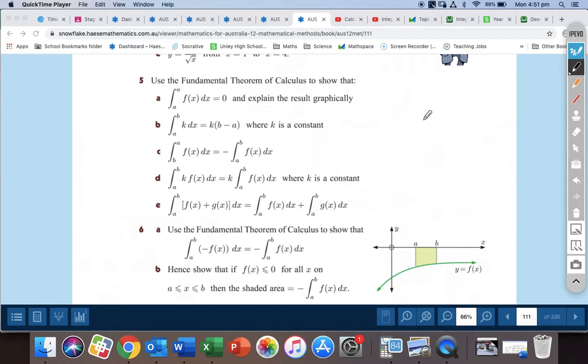So imagine you've got an antiderivative. Just something simple. Do another curve.